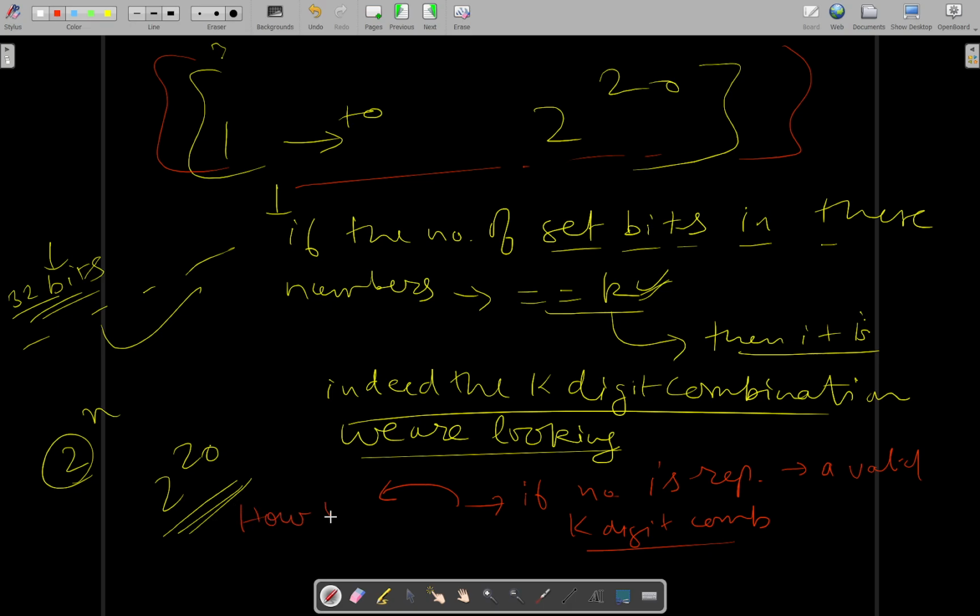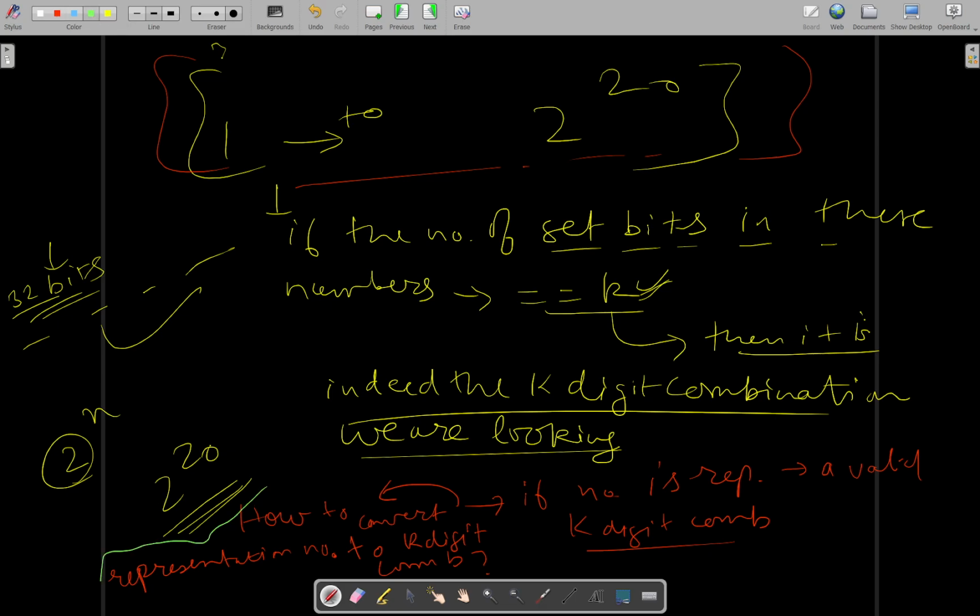How to convert the representation number to a k digit combination? This will be your next portion.